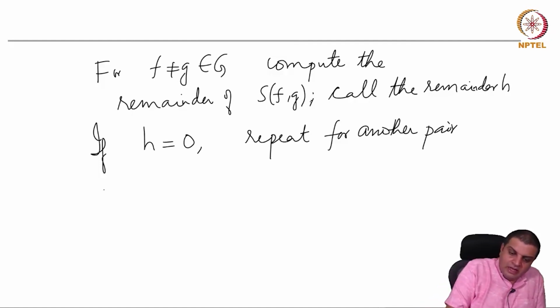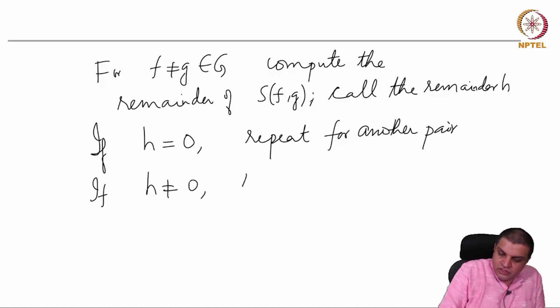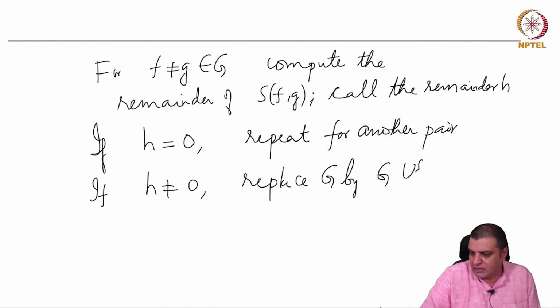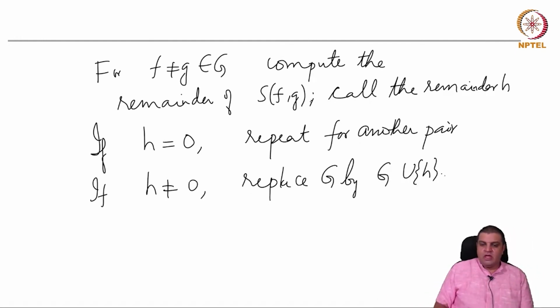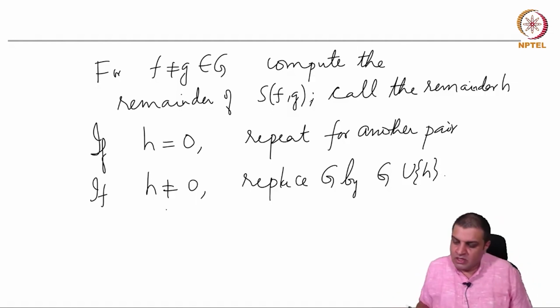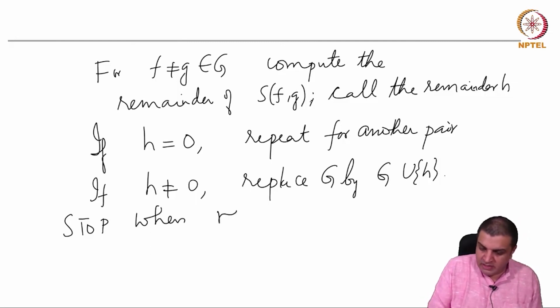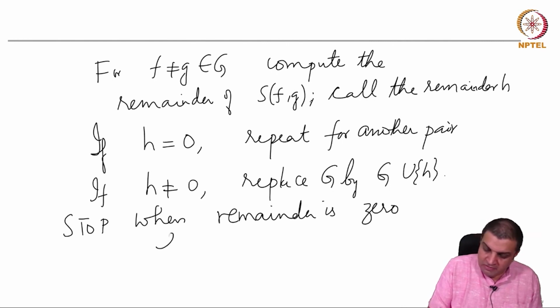If H is non-zero, throw H also into the collection. Now again do this, and stop when the remainder is 0 for every pair.